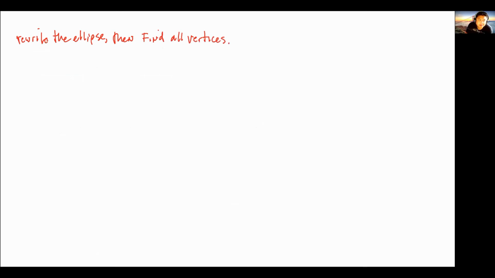Okay. That says rewrite the ellipse, then find all the vertices. Okay. 4x squared plus y squared equals 36.